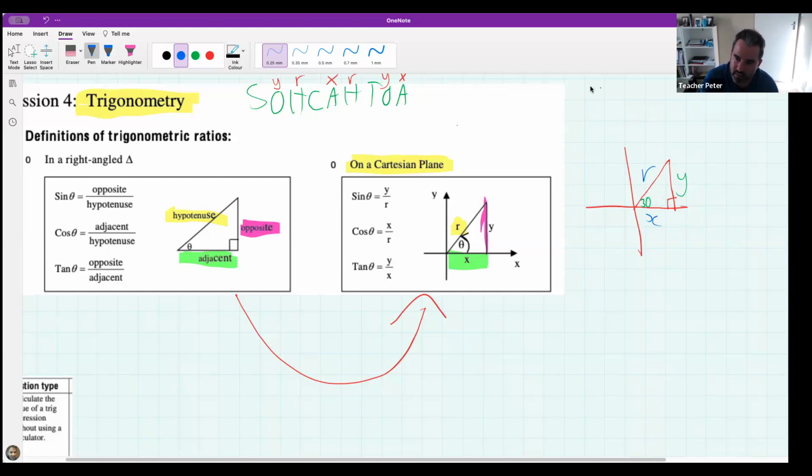If I write the sine of 30, what I mean is, what is the ratio of y over r? Or if I was using this thing over here, it's the same as O over H. Now put in your calculators, what do you get if you type sine of 30 in? Can someone tell me what you get?